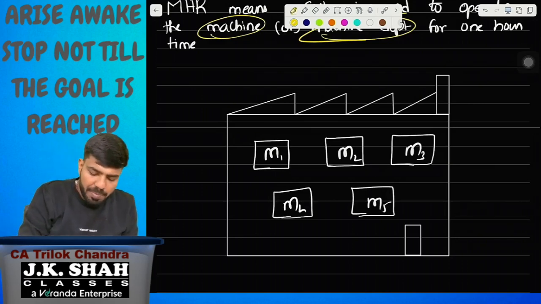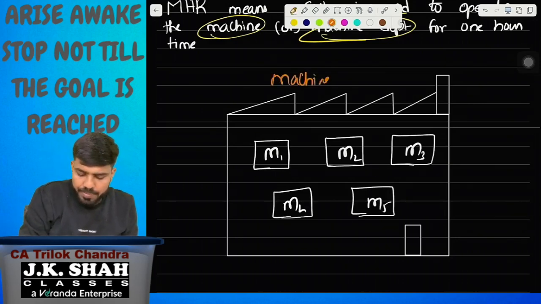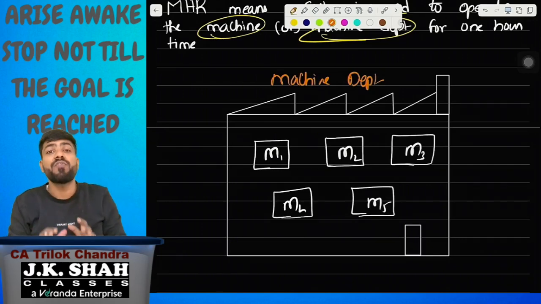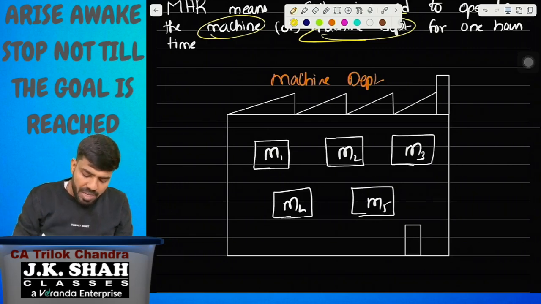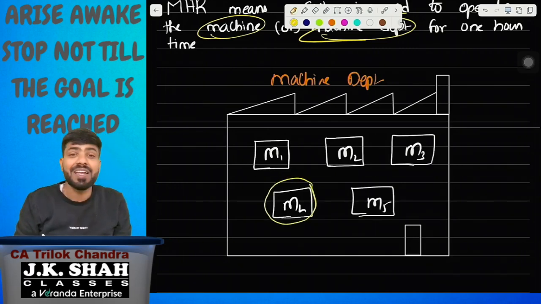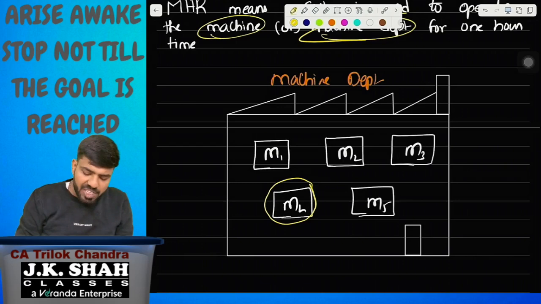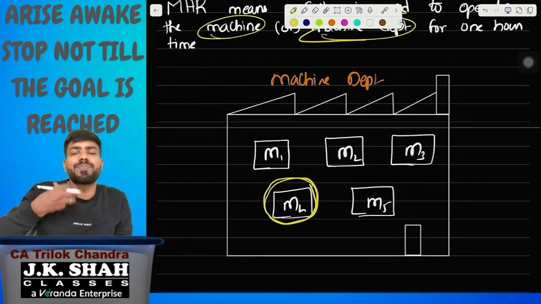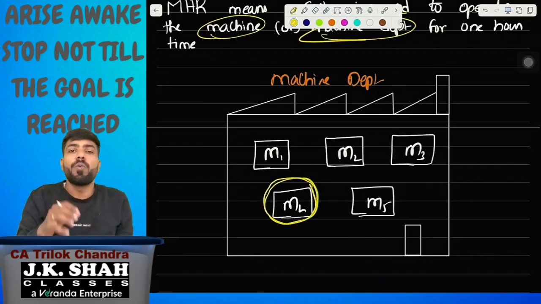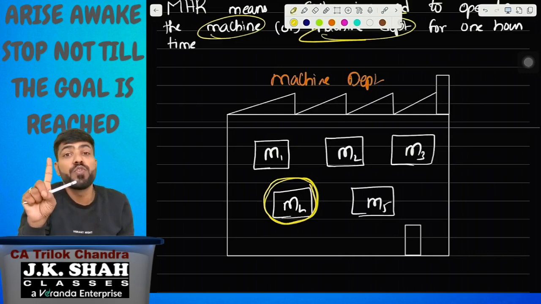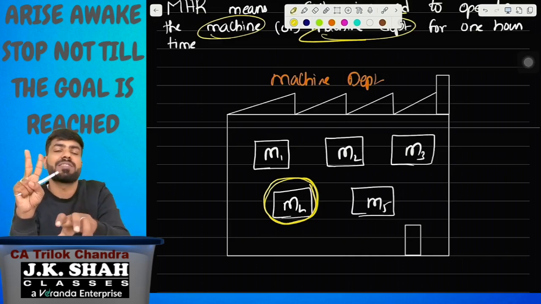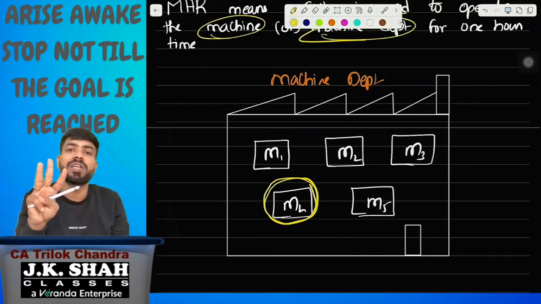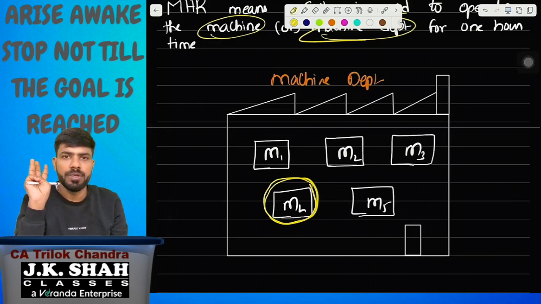Now look at this example I have taken. There is a machine department in which we have 5 machines: machine 1, machine 2, machine 3, machine 4, machine 5. Suppose I want to know machine 4's machine hour rate, what do I need to do? What are all the expenses incurred to operate machine 4? Number 1, fuel consumption by machine 4, rent paid for the space occupied by machine 4, insurance cost of machine 4, lighting charges of machine 4, repairs and maintenance of machine 4.